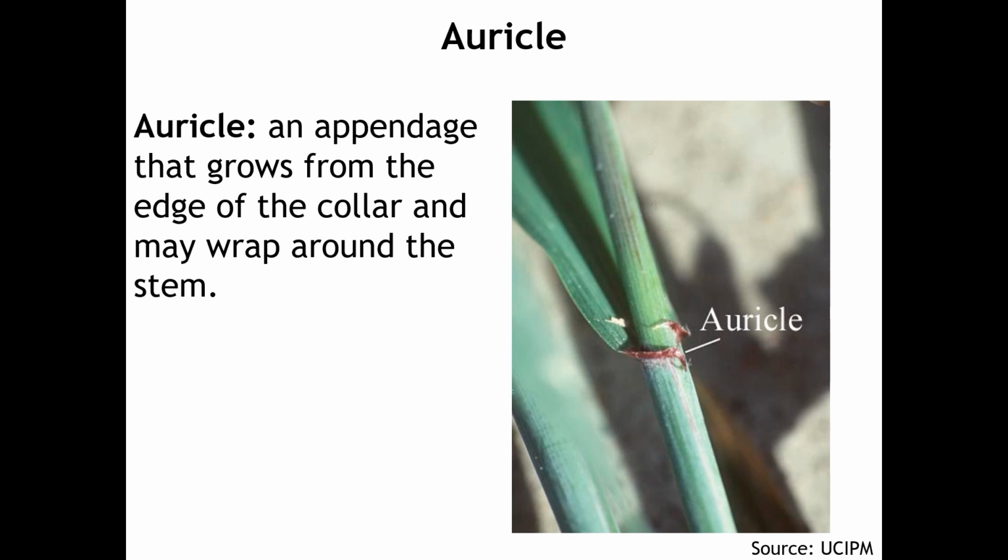The other feature that helps us identify grasses are the auricles. Now, these are appendage-looking structures that grow from the edge of the collar and wrap around the stem. Here is a prominent auricle, and let me also tell you that not all grasses have auricles.